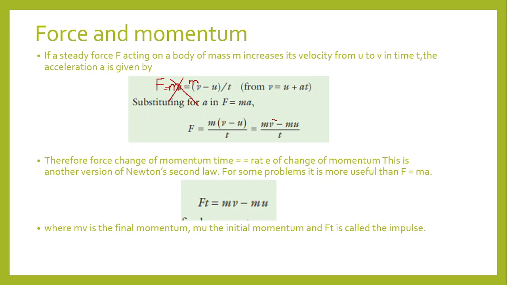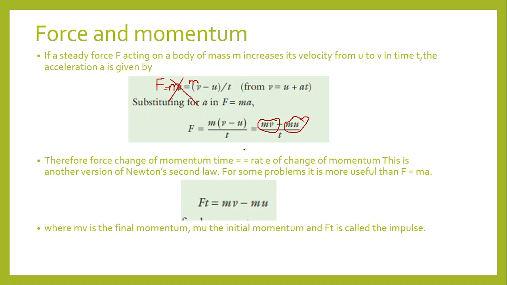This is the final momentum with velocity v. This is the initial momentum with velocity u. And the rate of change of these momentums is called force. Therefore, force is equal to change of momentum divided by time, which is the rate of change of momentum, right?